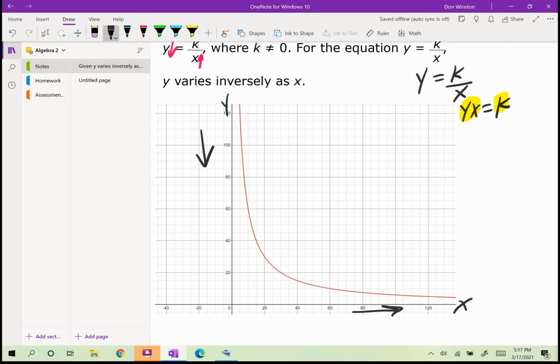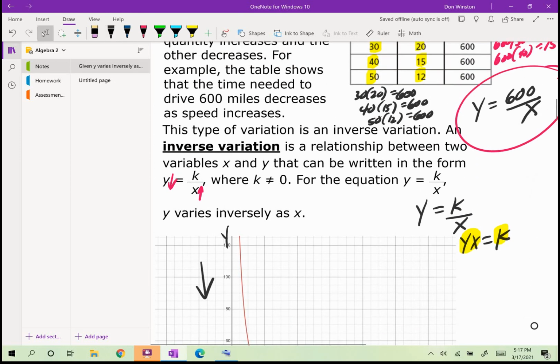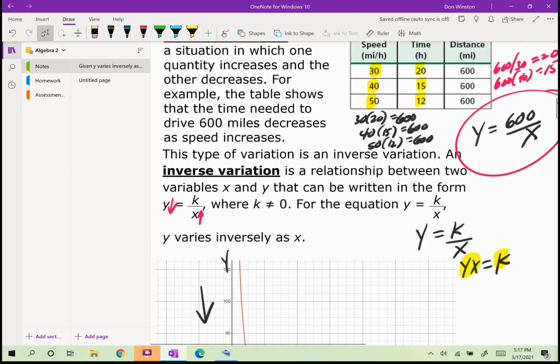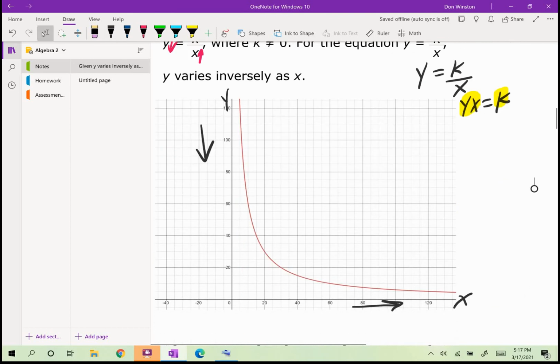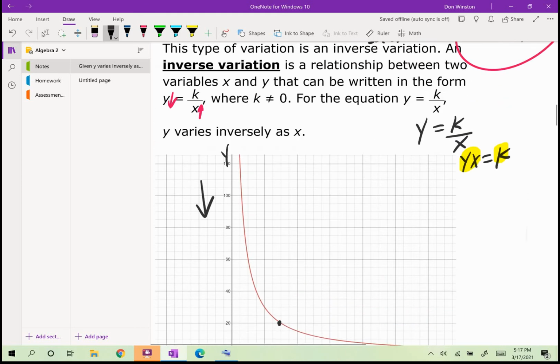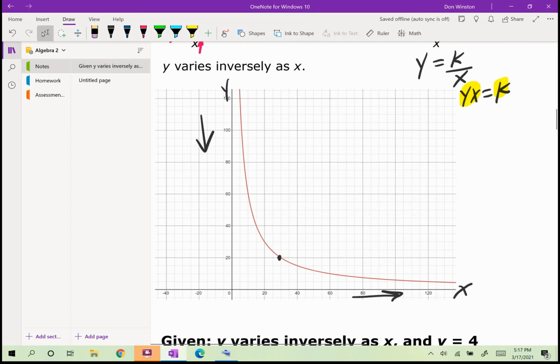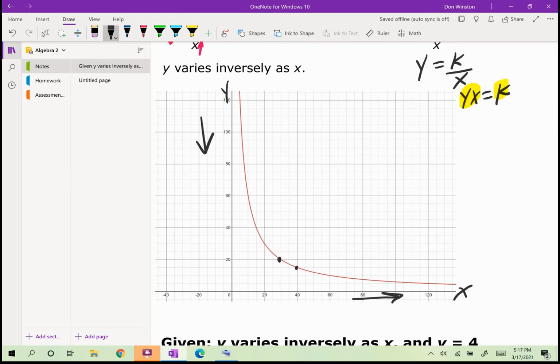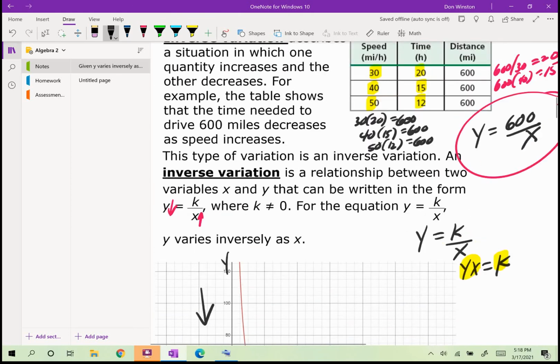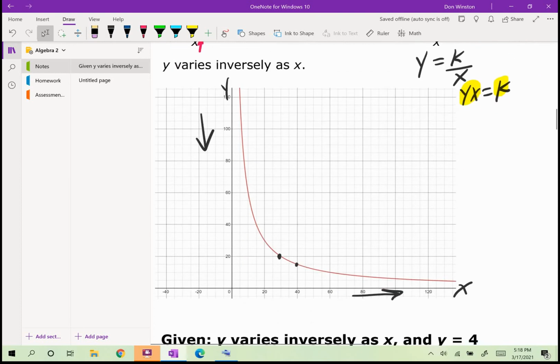Again, what did we have when x was equal to 30? We had 20. When x was equal to 40, we had 15. When x was equal to 50, we had 12.